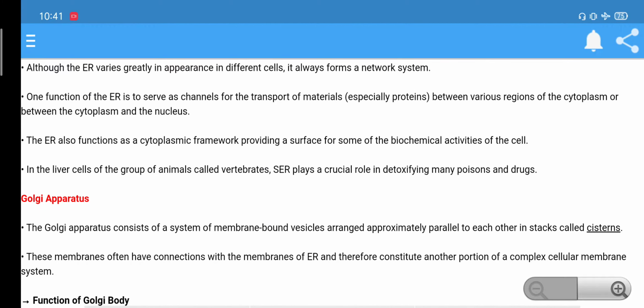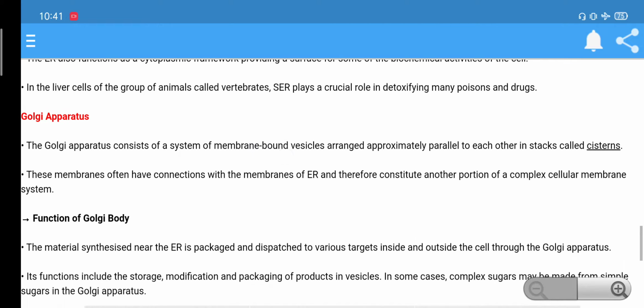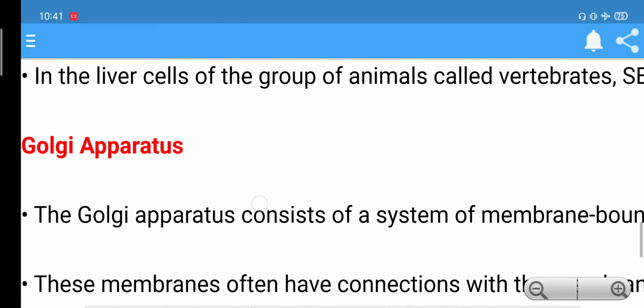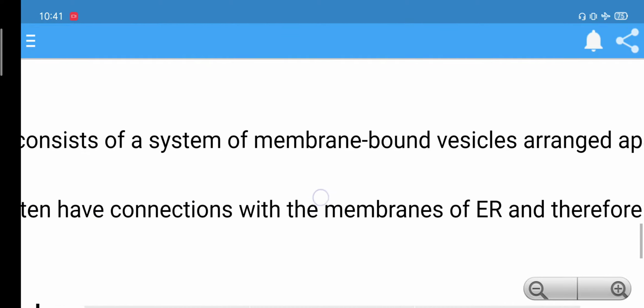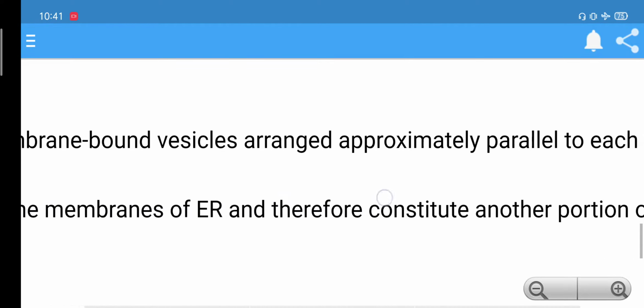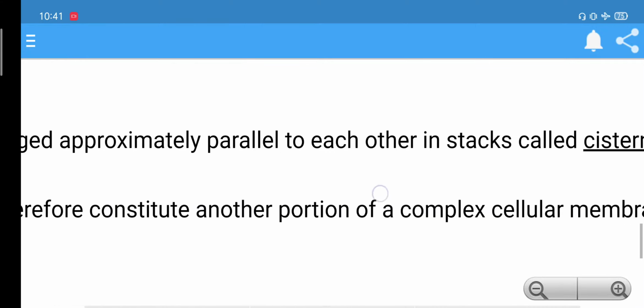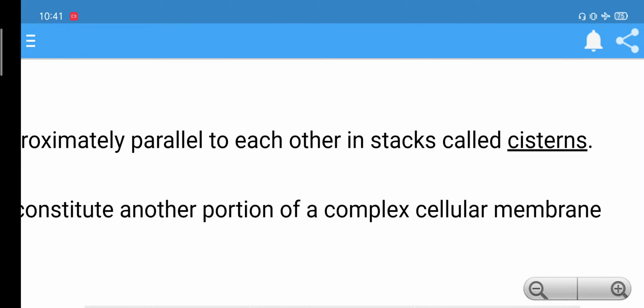So that is all about the endoplasmic reticulum, which is of two types, smooth and rough. Next is the Golgi apparatus. The Golgi apparatus consists of a system of membrane-bound vesicles arranged approximately parallel to each other in stacks called cisternae.